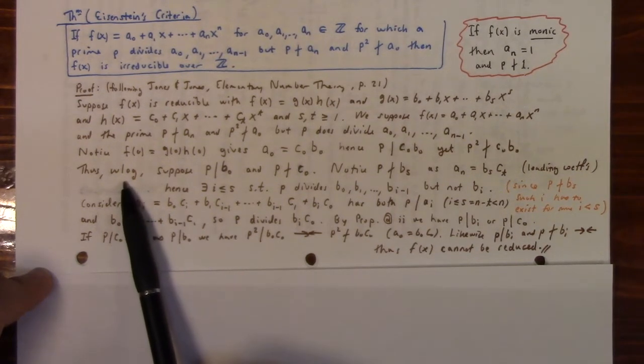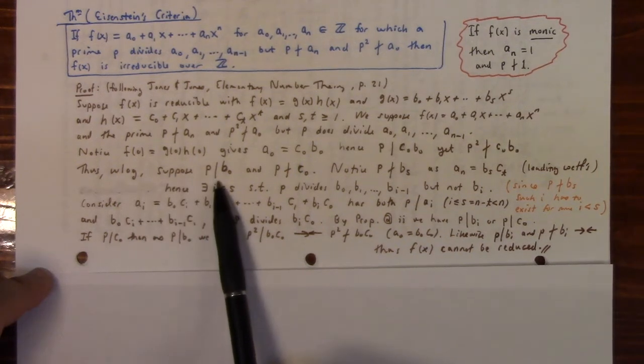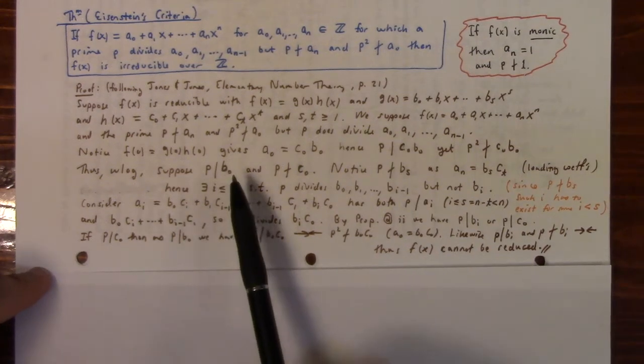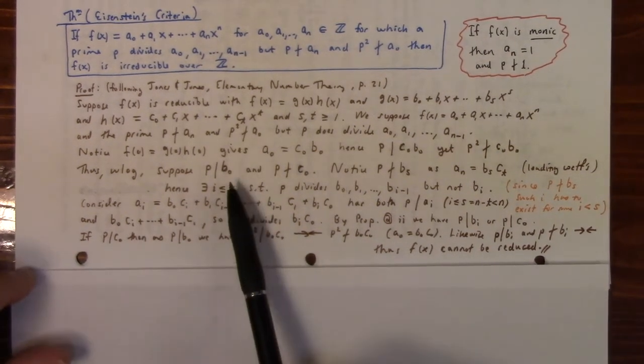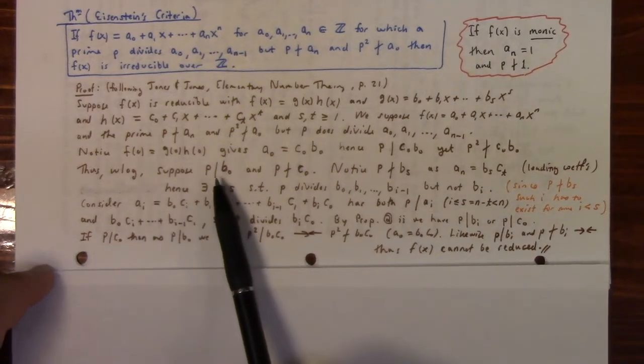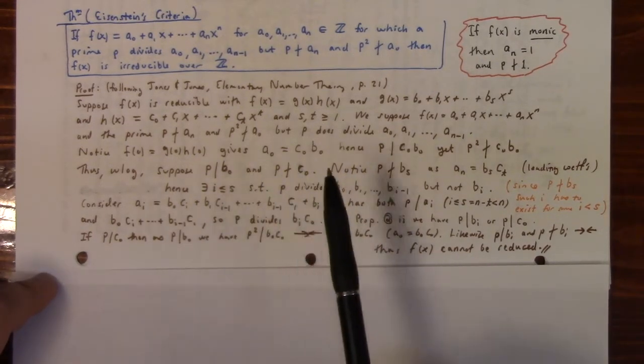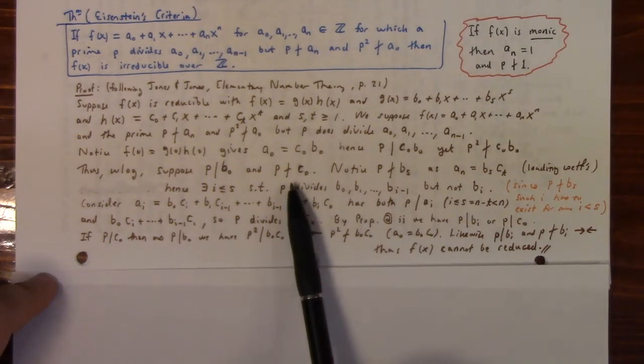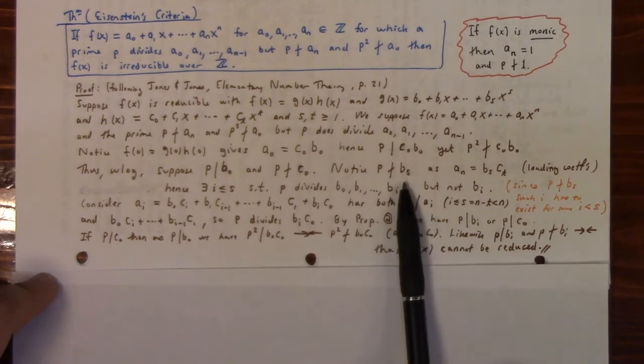There's really no distinction. If we can make an argument assuming p divides b0, then for the argument which follows, we can just reverse the letters b and c and have the same logic. So there's no loss of generality in assuming that p divides b0 and p does not divide c0.